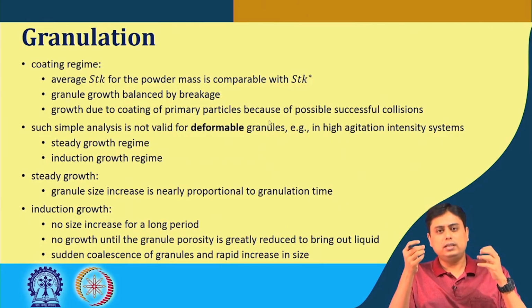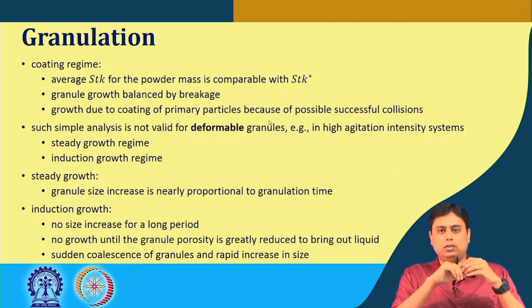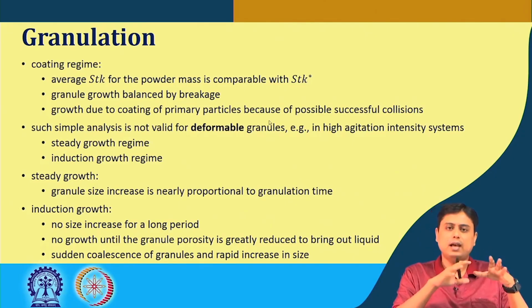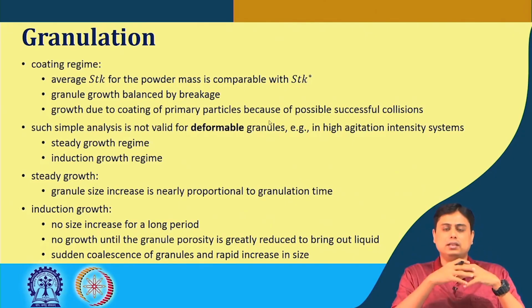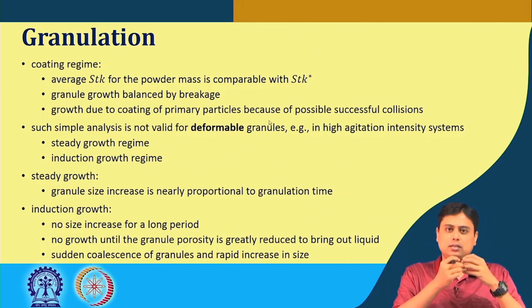Because in these cases there are fine primary particles for which there is a possibility of having a Stokes number lesser than the critical Stokes number. So, by this hypothesis, there are still chances that when those primary particles hit the granules, they stick to the surface, or the coating happens.